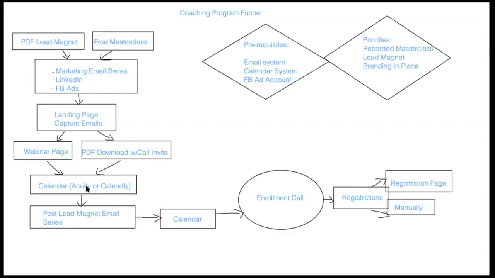It can be a breakthrough call where they get to talk about what their challenges are, and then you tell them what your solutions are. But ultimately, it's a place where you want to hear them, and you want to tell them what your recommendations are and what their options are in working with you. So that's the goal. Now, getting them onto the call is a whole other ball game.